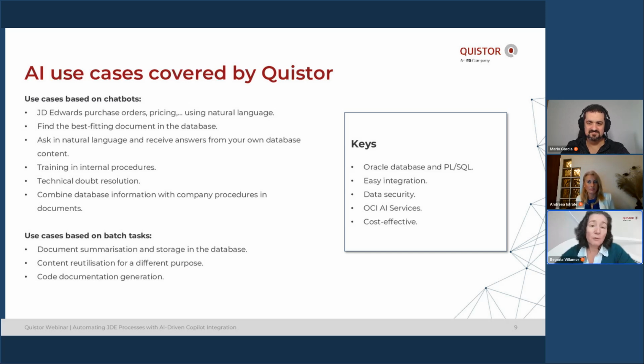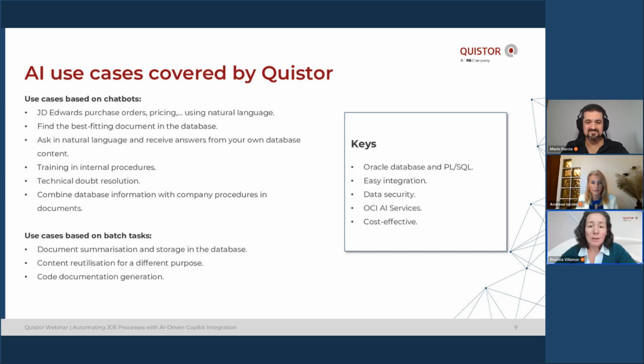We are using this for insurance companies, for example. They get the claim information from the database. They have the steps of every claim type in documents, and combining both information, we get a proper answer of the status of any claim.